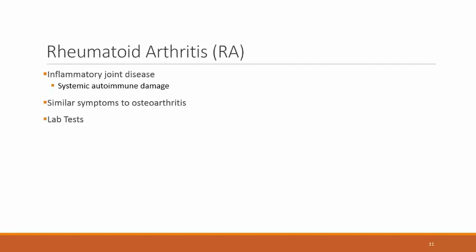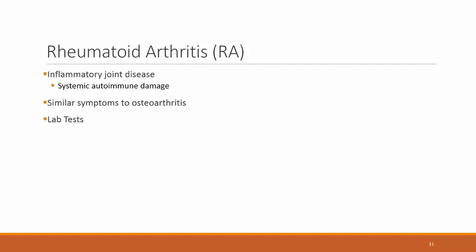Rheumatoid arthritis is a separate disorder, and it's an inflammatory joint disease. It's a systemic autoimmune disease, an autoimmune attack on self connective tissues, and the attack occurs on the synovial membranes. So patients will have most of the symptoms similar to osteoarthritis, but there are some differences.